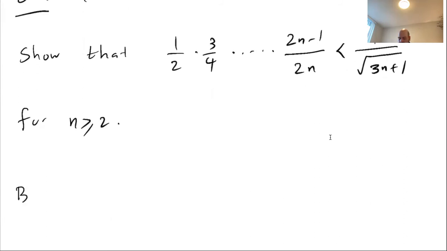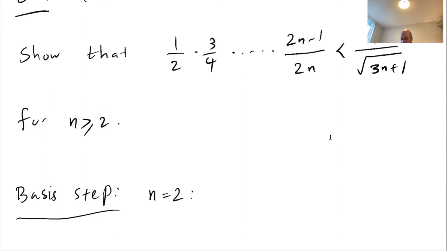So basis step. We have to verify for n equals 2, because the question asks us to prove that this inequality holds for n bigger than or equal to 2. So the very first n value that we have to use is n equals 2.